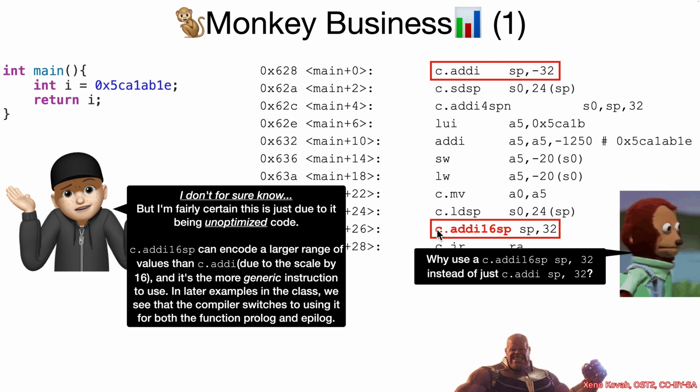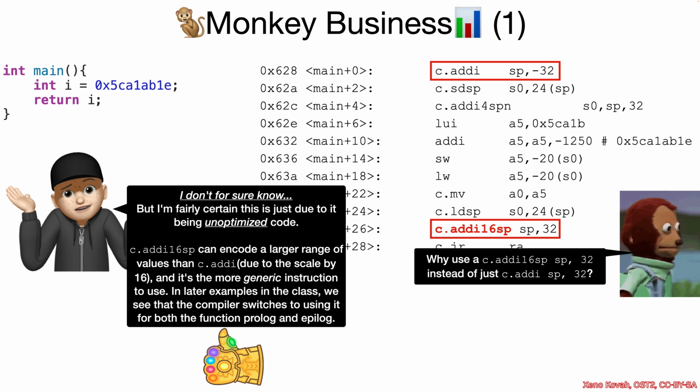So it can handle a much larger range of subtraction from the stack in addition to the stack. And indeed, we will see that later in the class. We will see that they go ahead and get rid of this C-add-i and start using C-add-i 16SP, both at the function prologue and the function epilogue. And of course, that's going to make Thanos happy because it'll be perfectly balanced like all things should be.